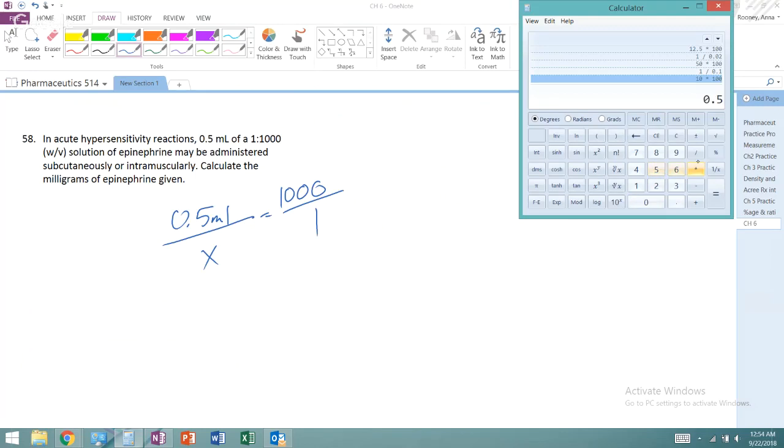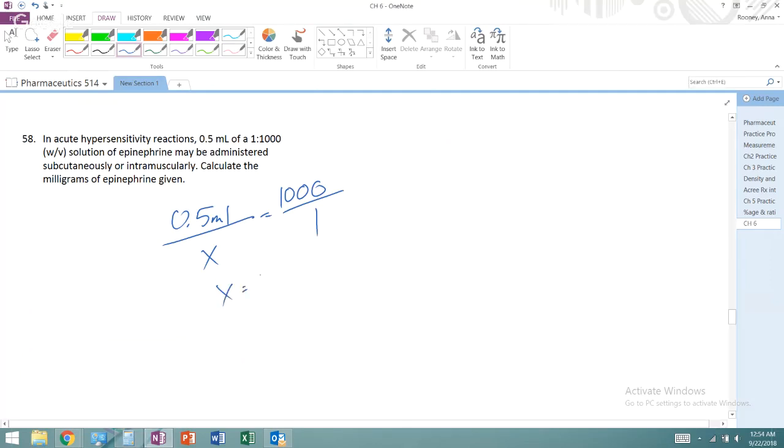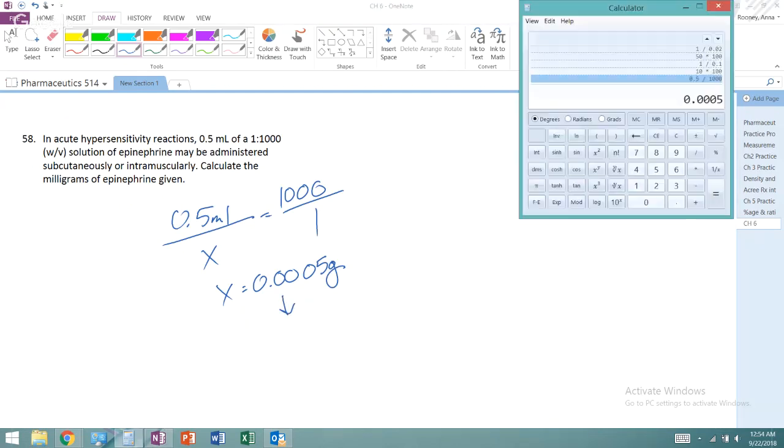Half times 1 divided by 1,000 is x, which equals 0.0005 grams, because your weight per volume is always in grams, and then you multiply that by 1,000.